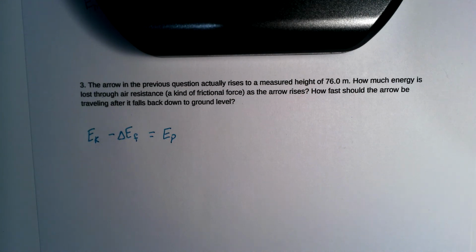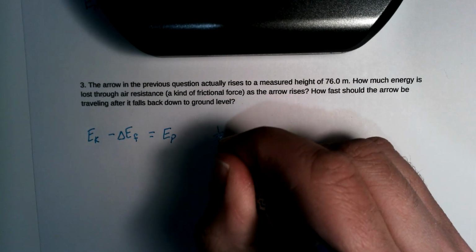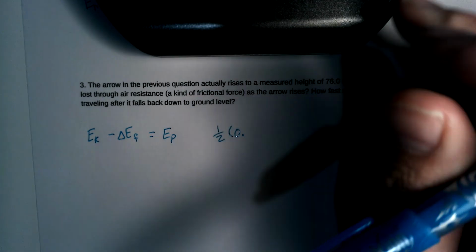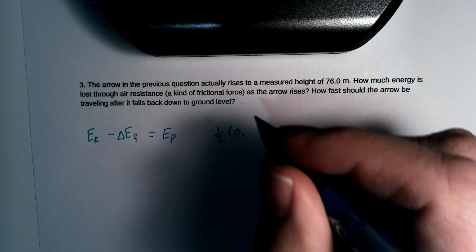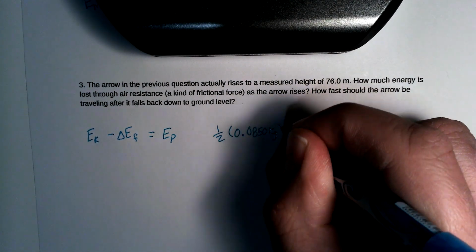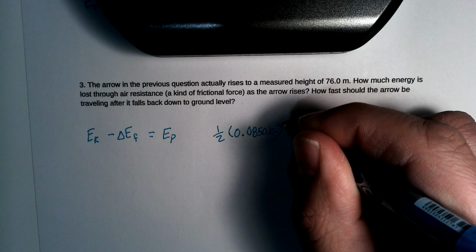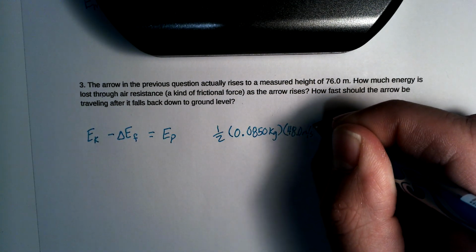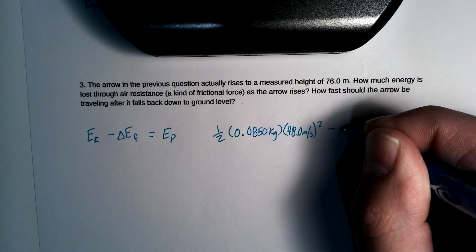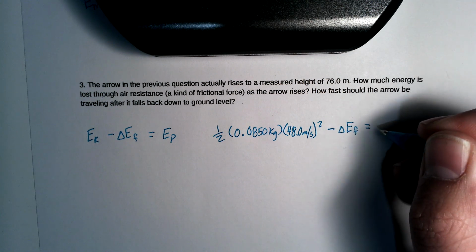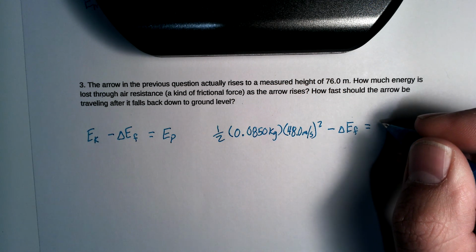So we can put those numbers in. Our EK is still 1/2 mv squared. We want to convert our mass to kilograms, 0.0850 kilograms, times our speed, 48.0 meters per second squared, minus our energy due to air resistance in this case, is equal to mgh.